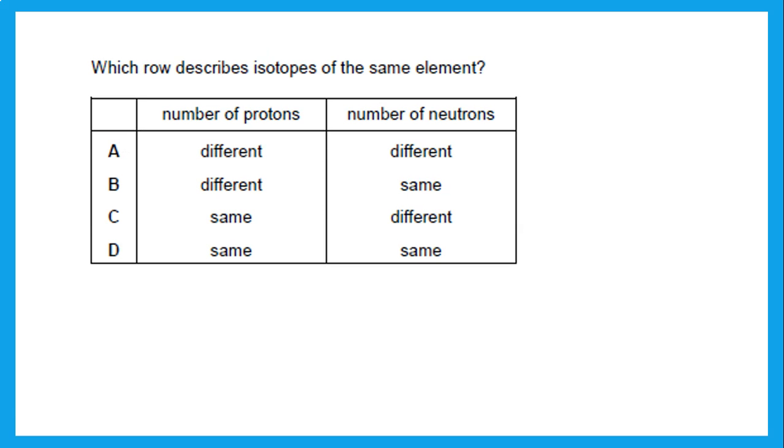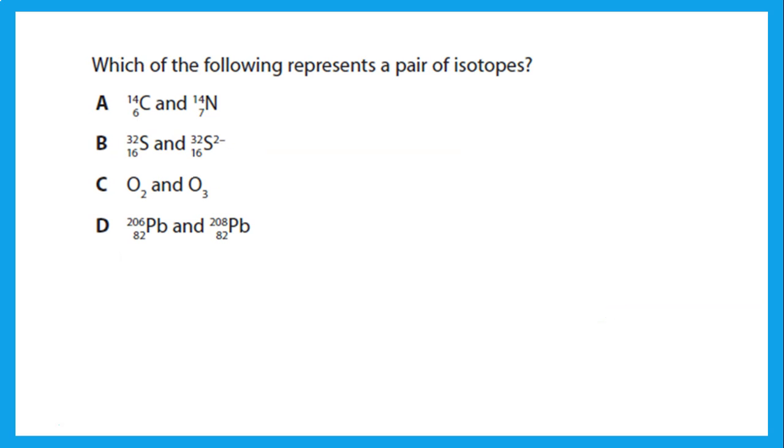So which row describes isotopes of the same element? We said isotopes will have the same what? The same number of protons, different number of neutrons. Which of the following is a pair of isotopes? So, let's remember, what does isotopes mean? First of all, they are atoms of the same element.